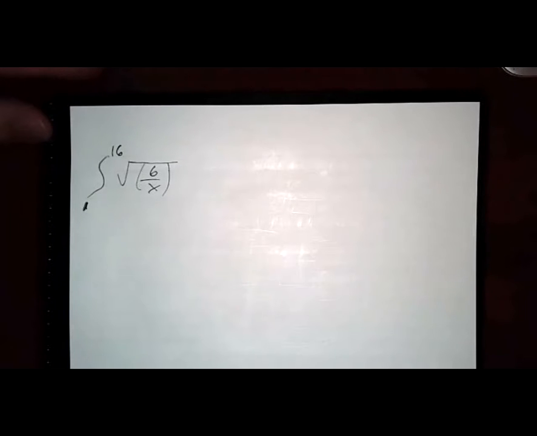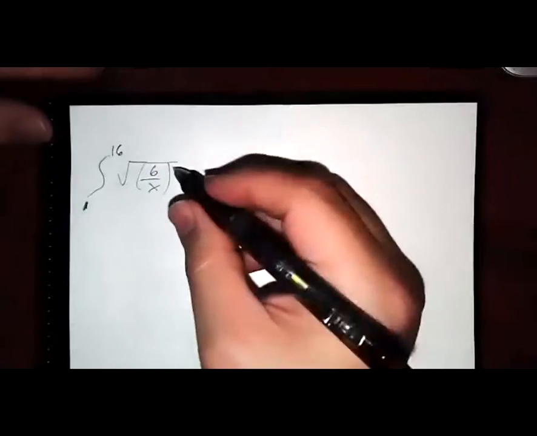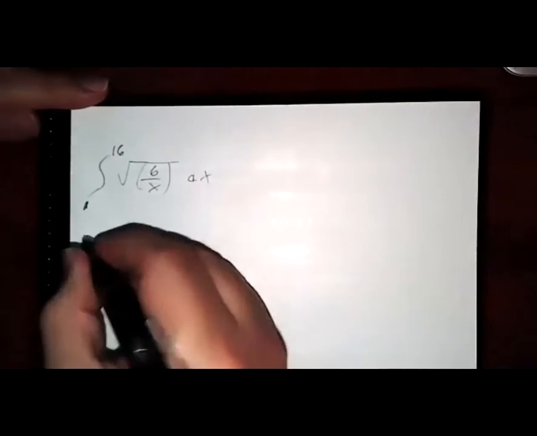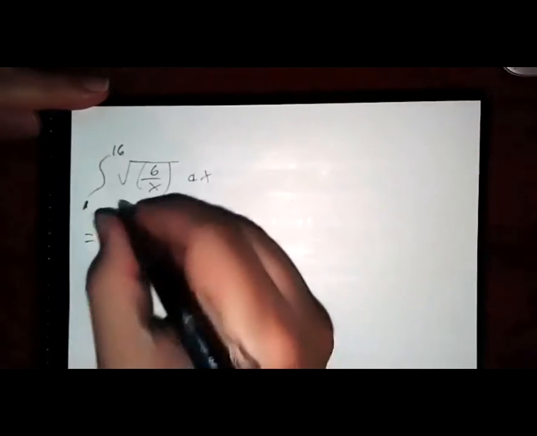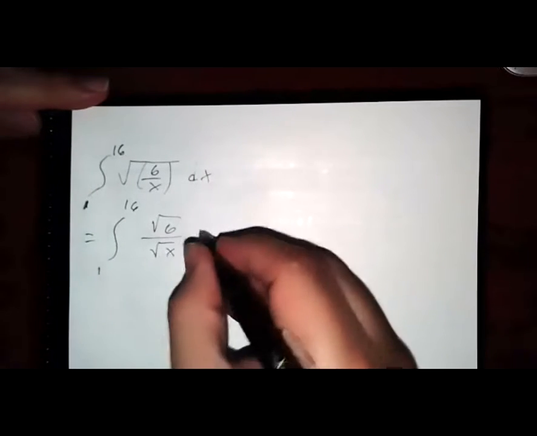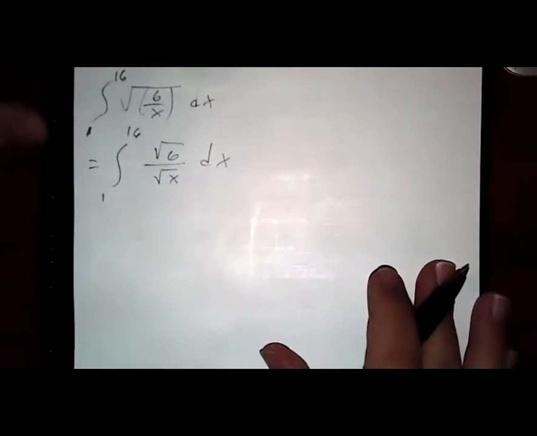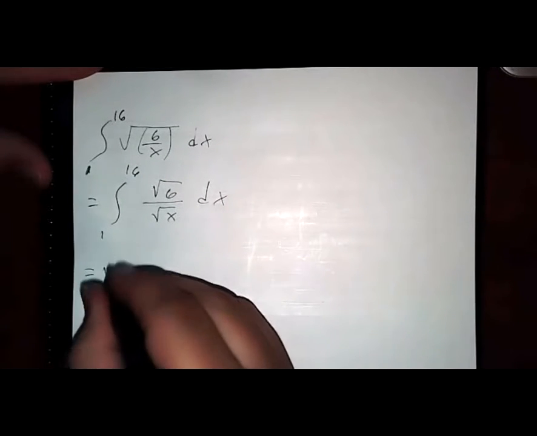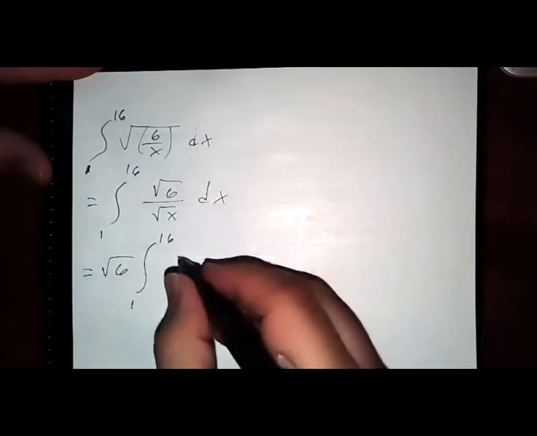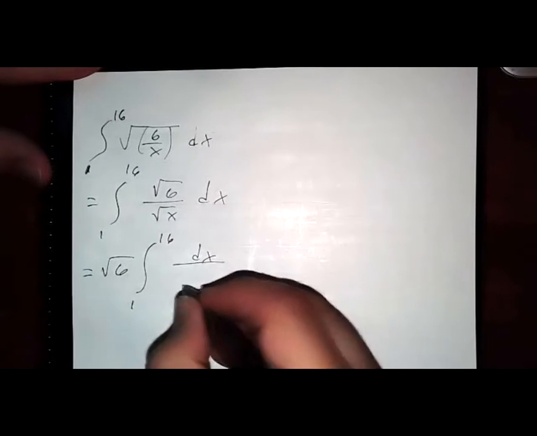So the integral of this guy. Well, if the square root's on both, you could technically separate it into this, right? Using our algebra. And then you could pull the root 6 outside, leaving you with dx over root x.